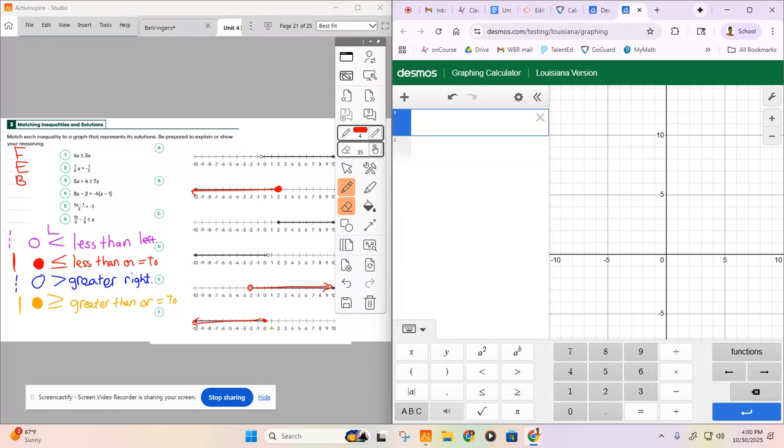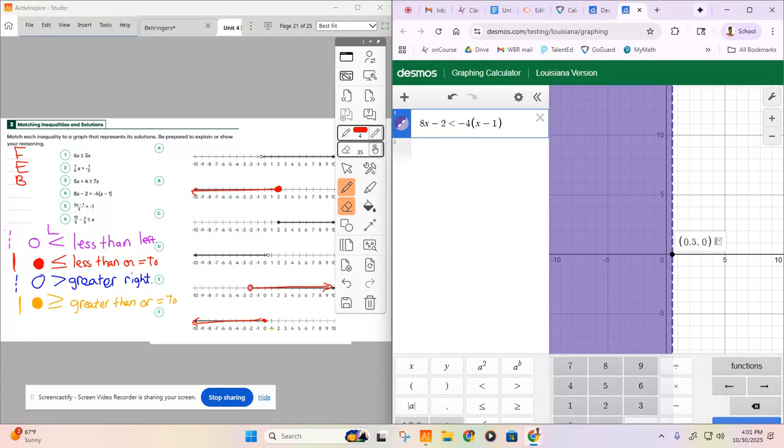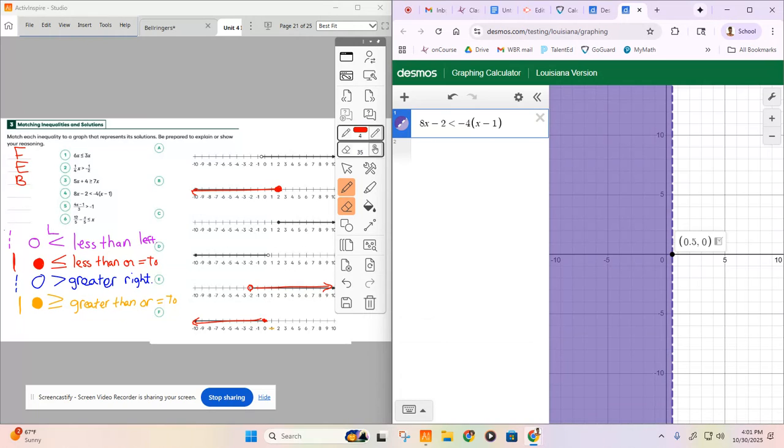The next one, 8x minus 2 is less than -4 times the quantity x minus 1. I'm going to open a parenthesis, x minus 1. Close that parenthesis. My dotted line is on 0.5.